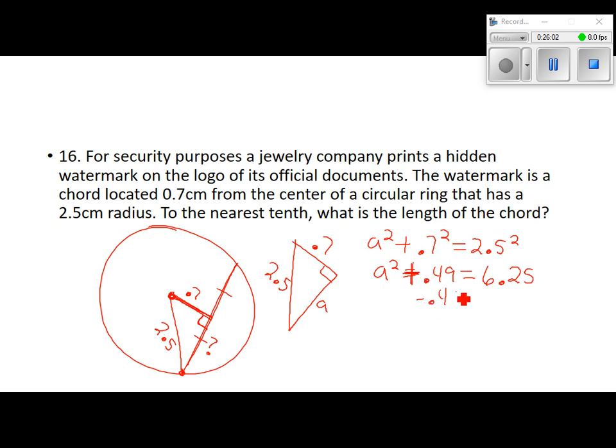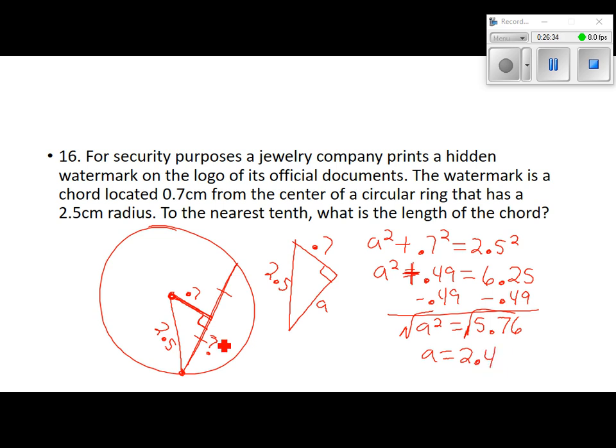Subtract off 0.49 on both sides. And I end up with a squared equals 5.76. And then you want to take the square root of that, so second square root 5.76, and I end up with a equals 2.4.